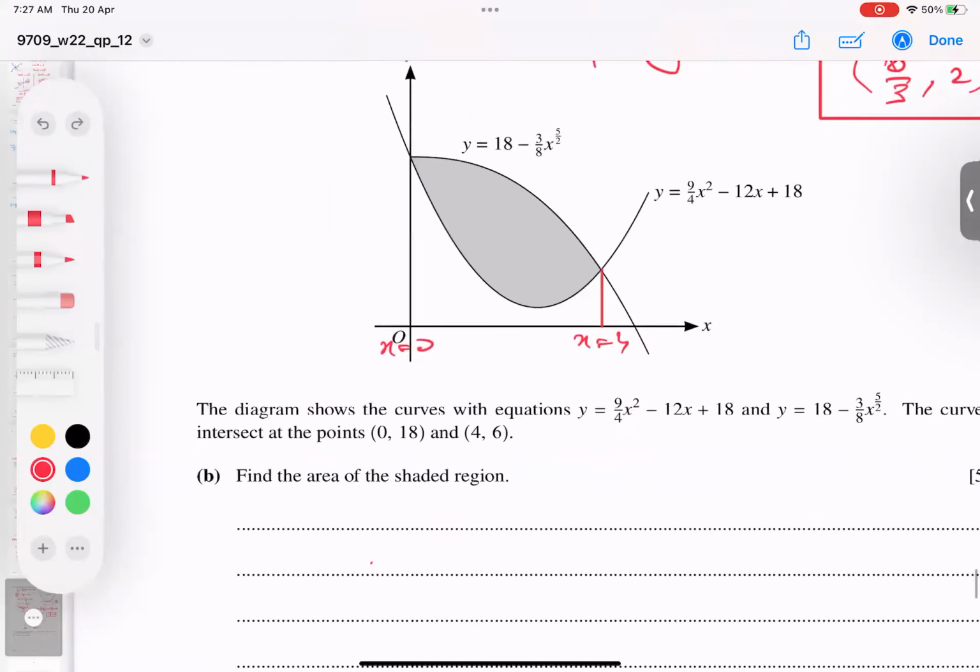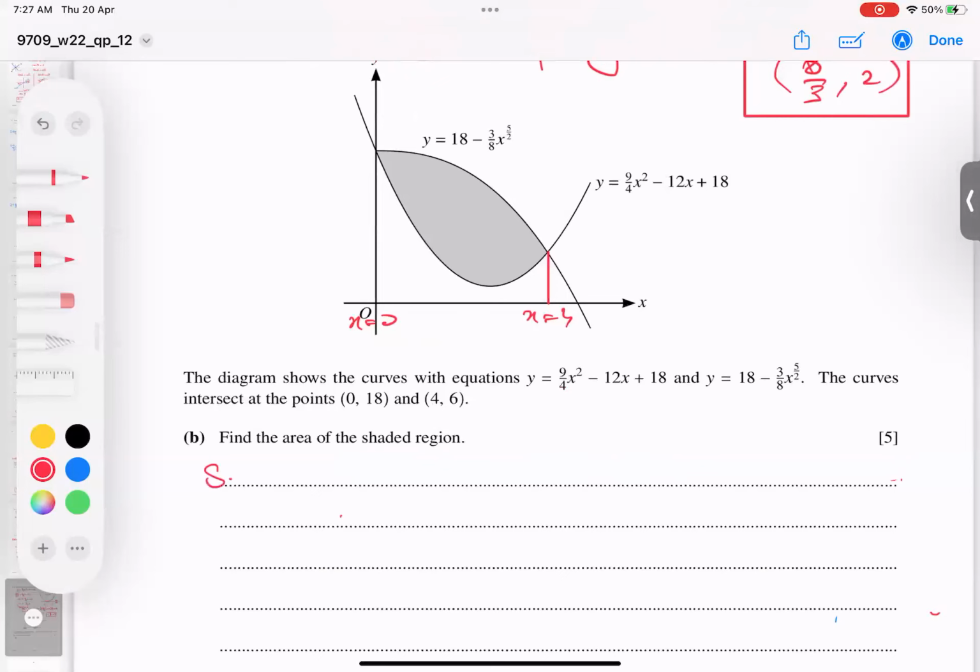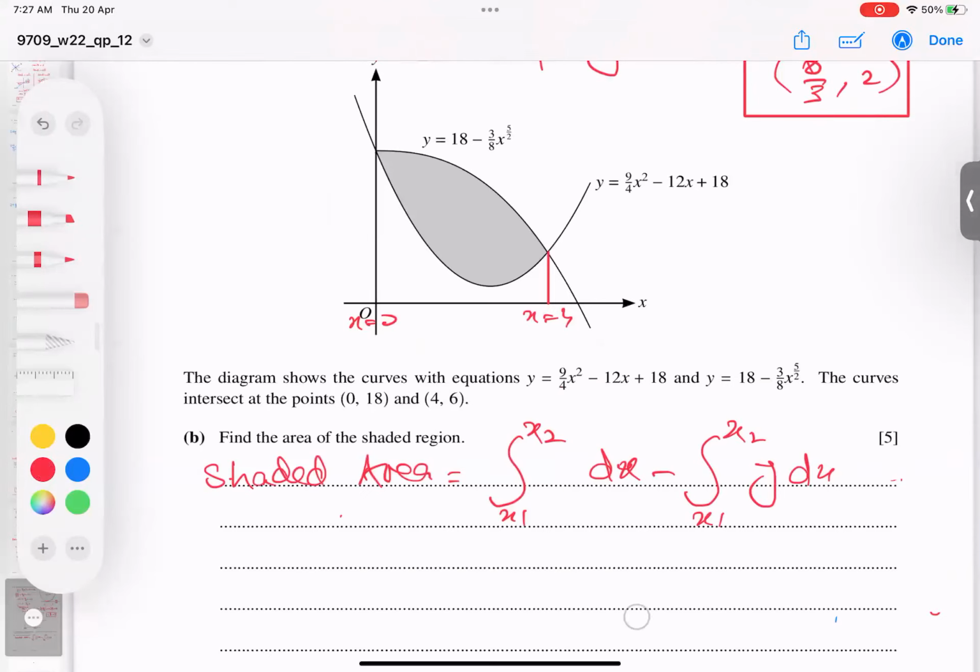How to get the shaded area? We have a plan for it. Shaded area is the integral from lower limit x1 to upper limit x2 of y dx, minus the integral from x1 to x2 of y dx. I say upper curve and lower curve: UC stands for upper curve, LC stands for lower curve.